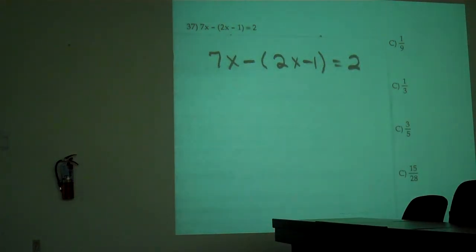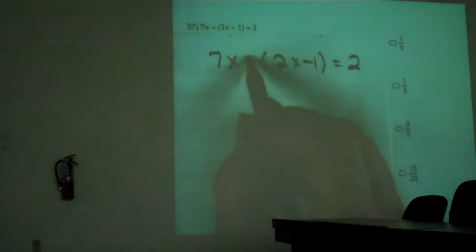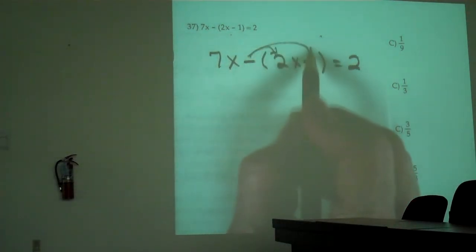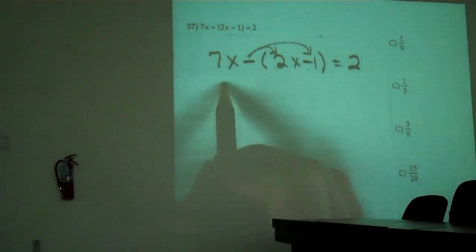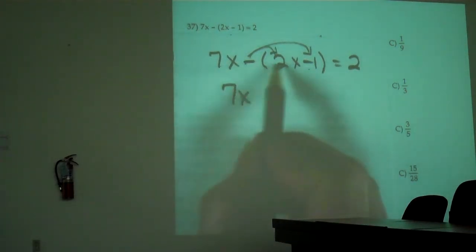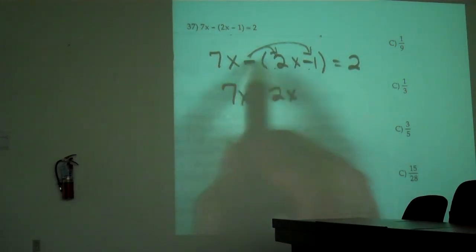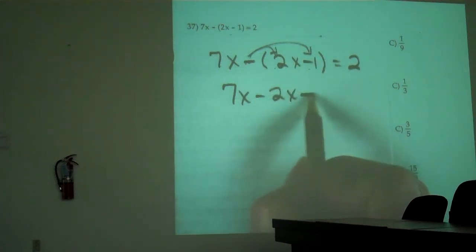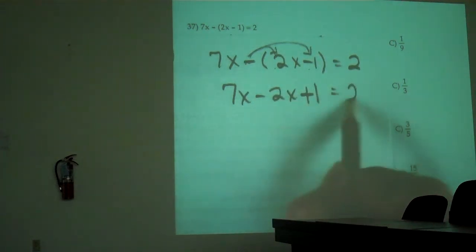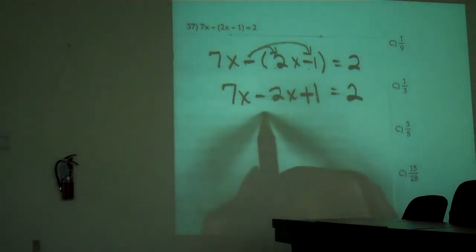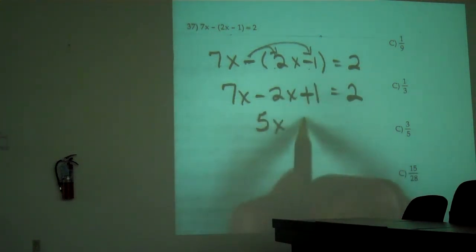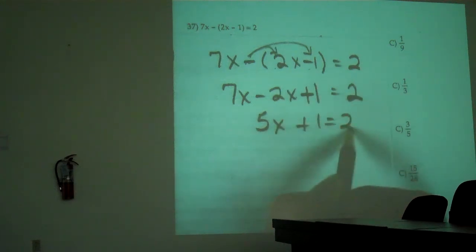So you're going to minus both things. It's going to change the sign of both things inside the parentheses. So you have minus 2x, minus negative 1 will be a plus 1. Okay, 7x minus 2x, 5x plus 1 equals 2.